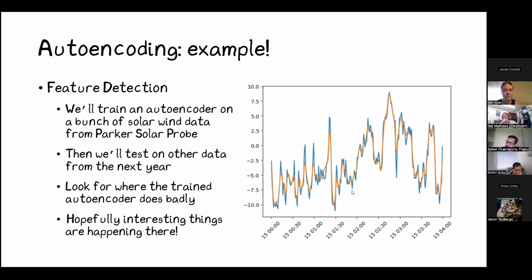We're going to look at an example using Parker Solar Probe data, so spacecraft data, where we want to do feature detection. We're going to take our input data and train an autoencoder to project to an abstract space and then back again to reproduce the input data. The idea is that when it's halfway through, in the abstract space, it's just saying something about the time series information.